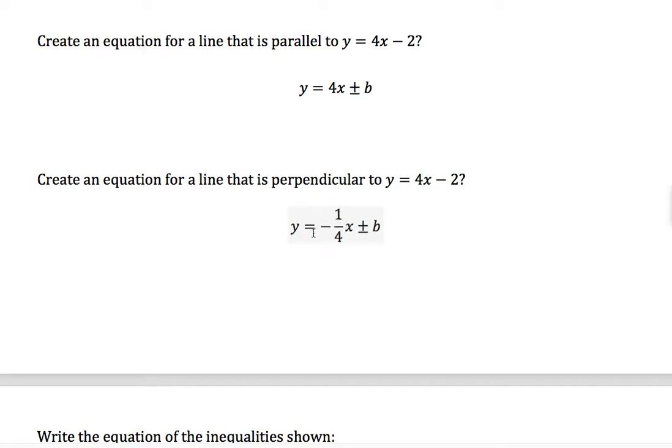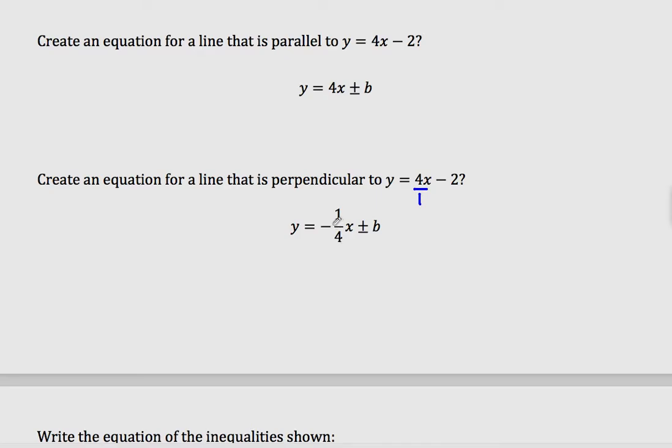We only care about the reciprocal slopes. So anytime you have a whole number, you have an imaginary 1 or a hidden 1 in the denominator. So for the reciprocal, it just means to flip your fraction. So instead of a 4 over 1, we're going to have a 1 over 4.